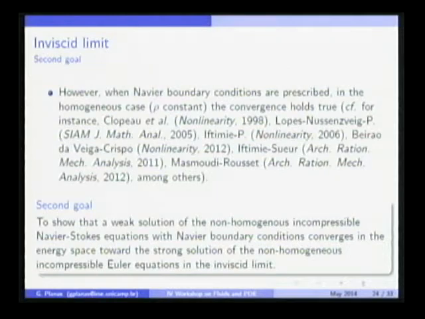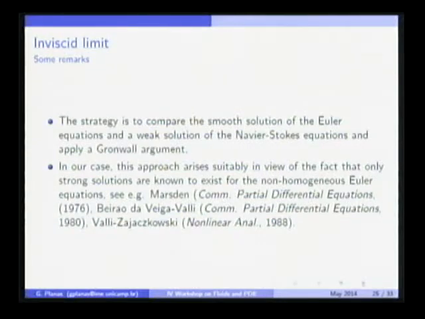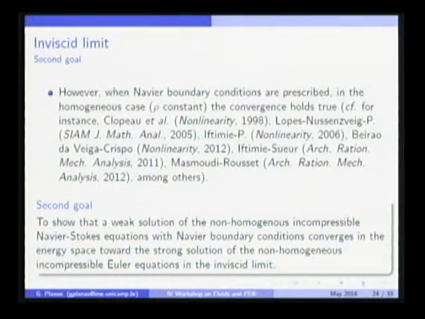We are in dimension 3, so our idea is to show that the weak solution we construct, which satisfies the energy inequality, converges to the strong solution of the Euler equation. Why are we going to consider a strong solution of the Euler equation?